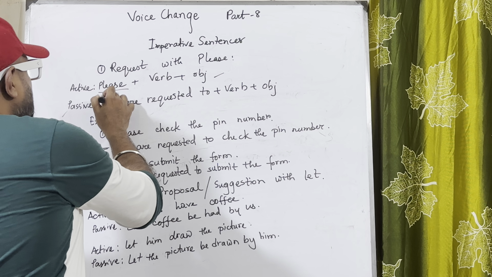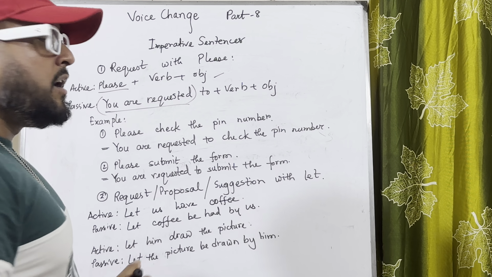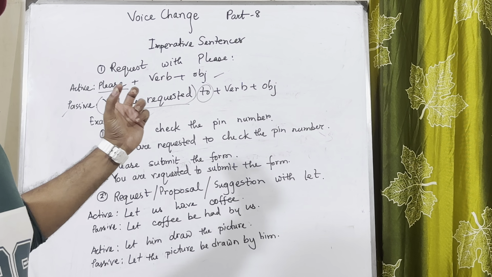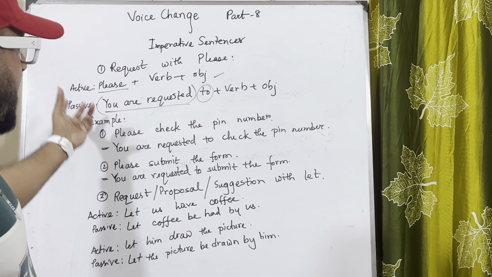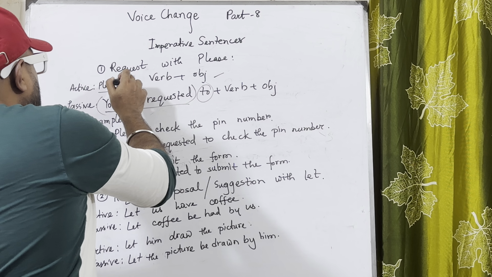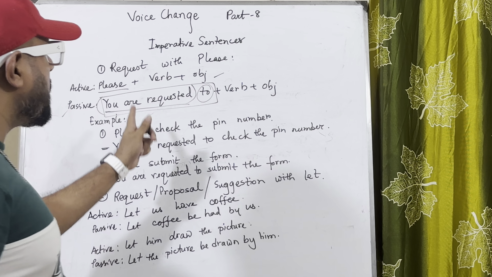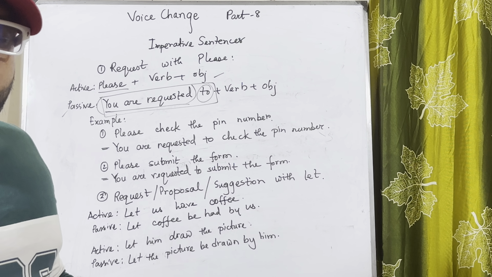Rather, we use this pattern: you are requested. And obviously after that we are going to use the preposition to. You are requested to. So in place of please, you need to use the whole clause you are requested to.